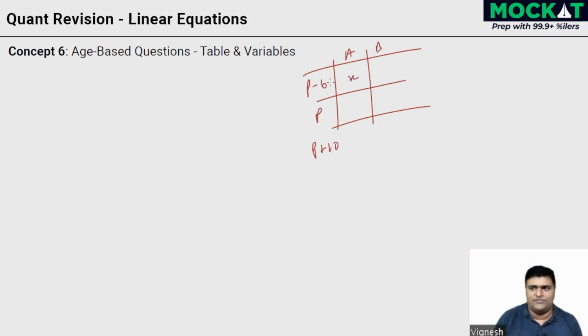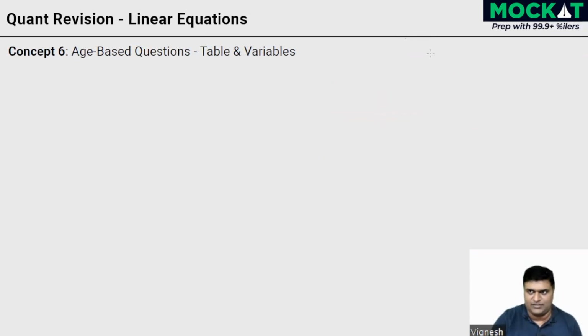Use one variable. If 6 years back, A was twice as old as B, 2x and x. Present is going to be 6 years later, 2x plus 6, x plus 6, and some relationship might be given here, right? So just look to form this table and use a single variable to represent, right? So that would be one of the better ways to solve these.